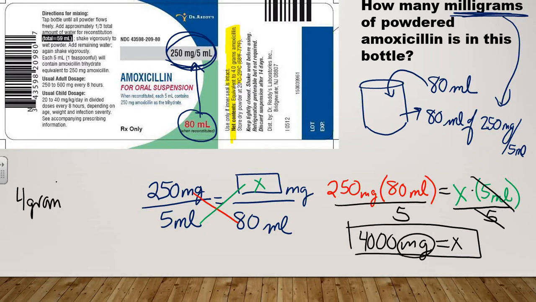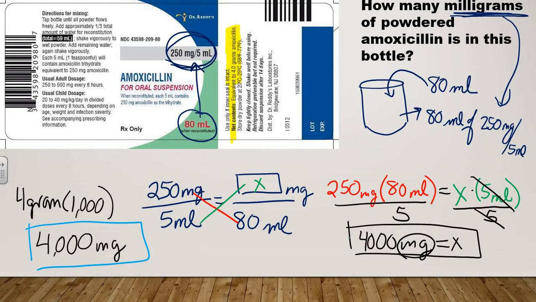To get to milligrams, you simply times by 1,000. So we actually have 4,000 milligrams of medication, which is exactly what we calculated would be there. We calculated there be 4,000 milligrams, and right here, because it says 4 grams is 4,000 milligrams. So our calculations were correct.